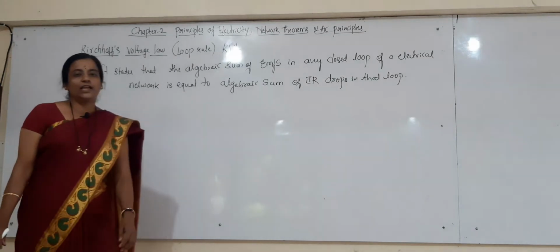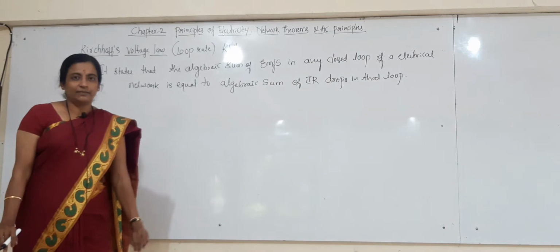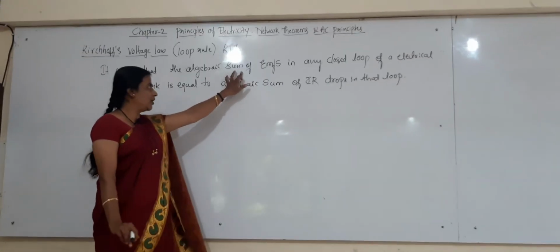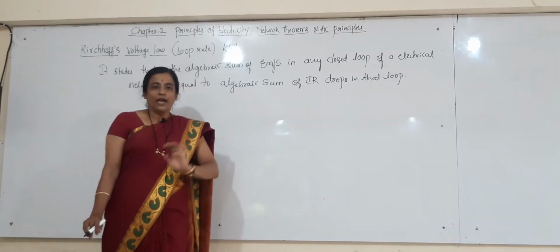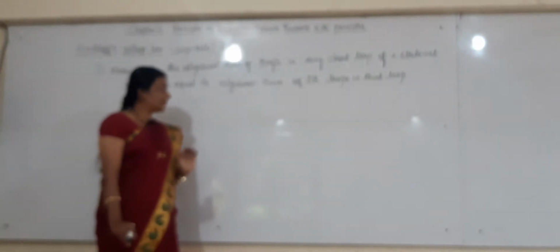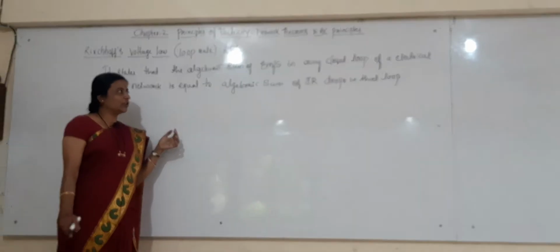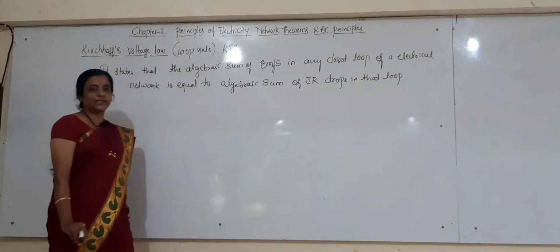Here only voltages are going to be considered in this statement. It states that the algebraic sum of EMFs in any closed loop, and we have already come across what a loop is, however many EMFs there are, they are added together. That algebraic sum is equal to the algebraic sum of IR drops in that loop.